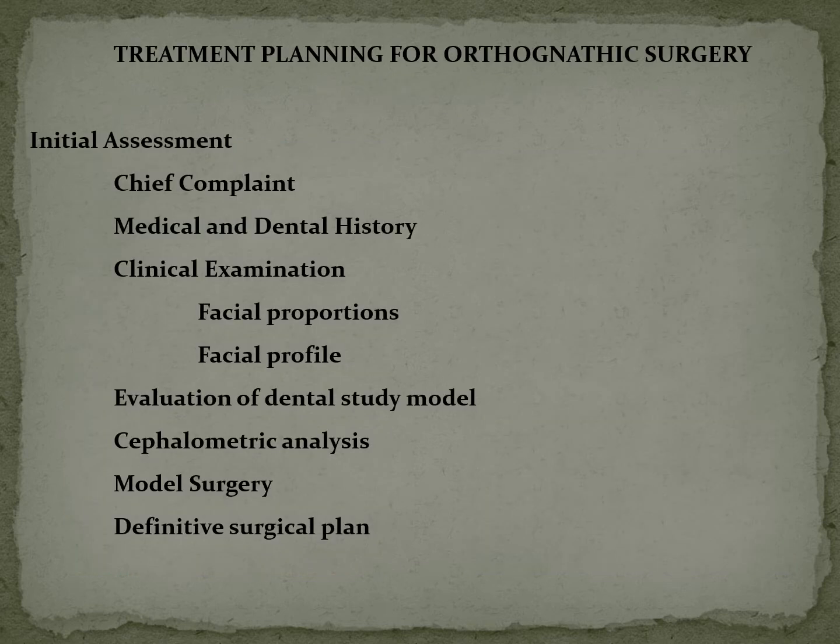What is the treatment plan for orthognathic surgery? First of all, every patient will go for the initial assessment. That combines the patient's medical and dental history, clinical examination, the facial proportion, facial profile, and cephalometric analysis, then surgical treatment plan.